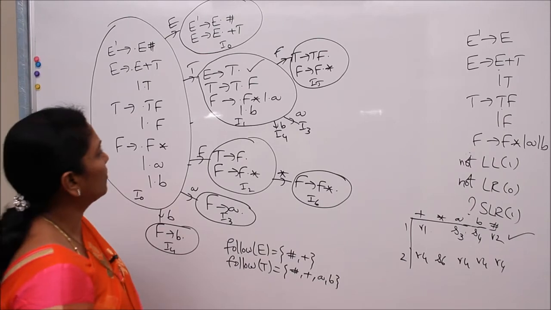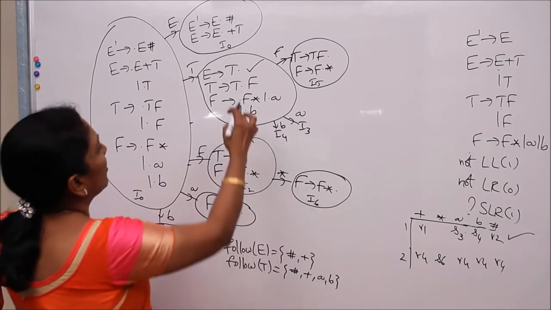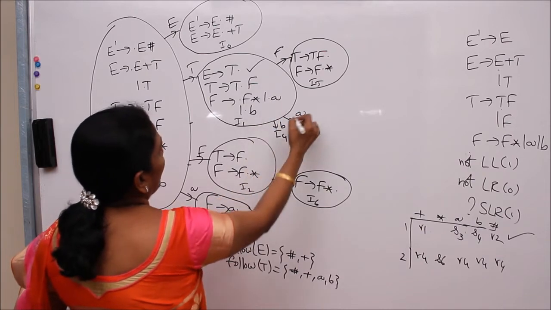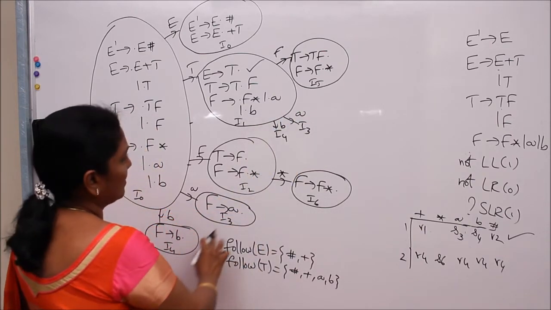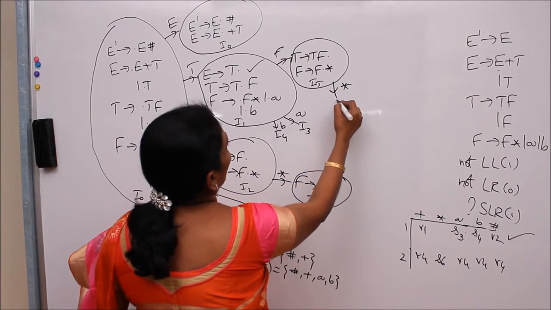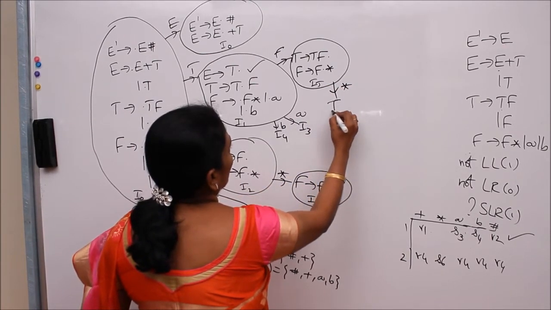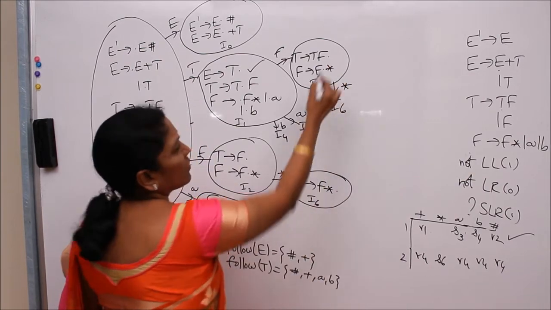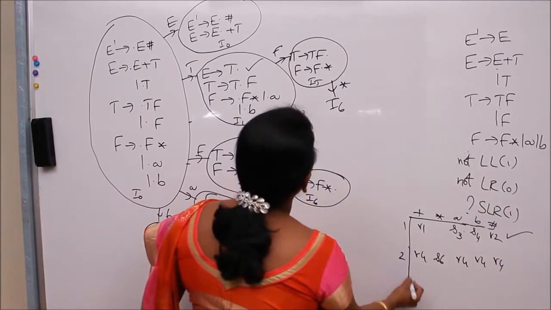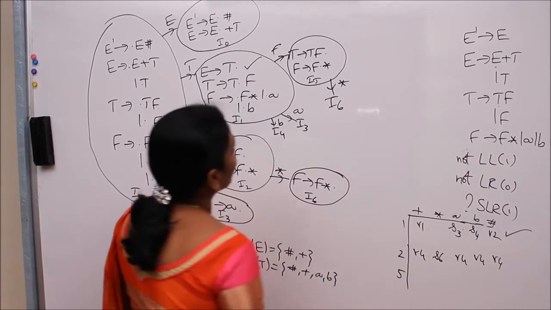Now what else we get? We have taken this one on F, A, B, here on star. This has a final item, and coming to this one also on star, it is F2 F star, which is nothing but I6. Here also there is an SR conflict. So let us have even this state 5.